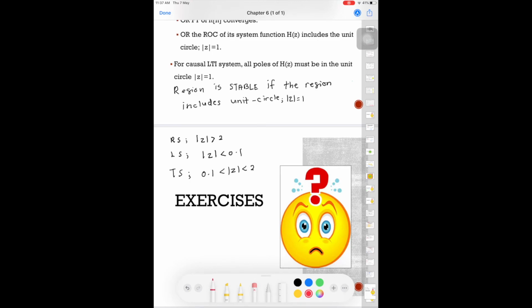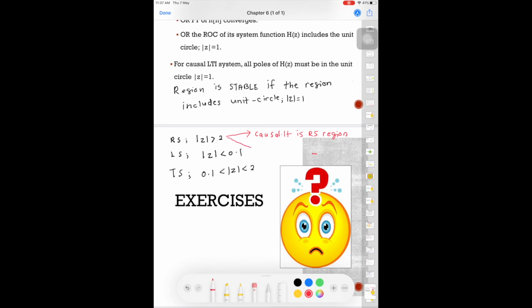So basically, for right-sided, okay, it is causal. Why causal? Because it is a right-sided region.